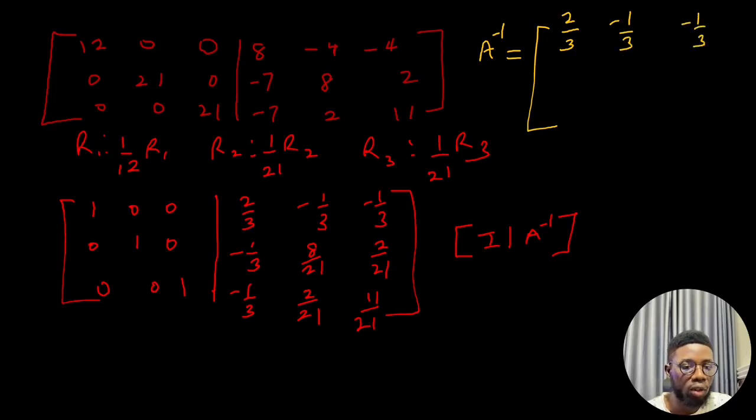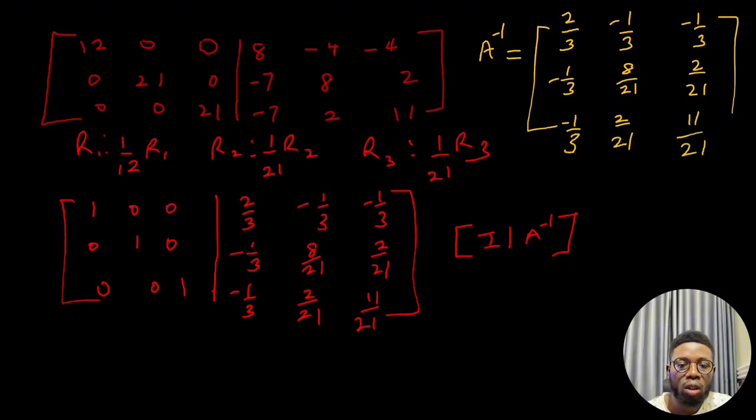Then we have negative 1 over 3 here, 8 divided by 21, 2 divided by 21, negative 1 over 3, 2 divided by 21, and 11 divided by 21. So this is the Gauss-Jordan method of finding the inverse matrix.